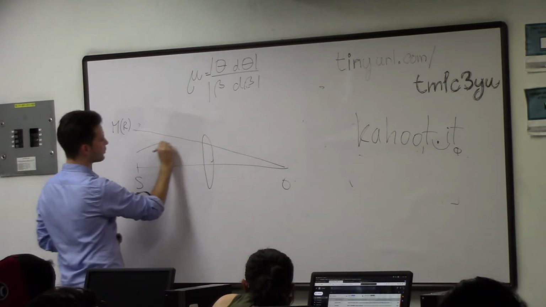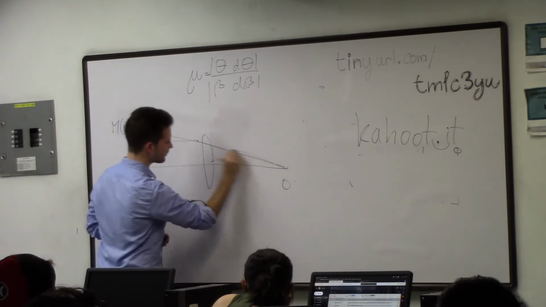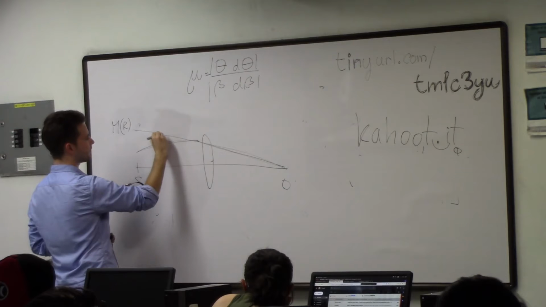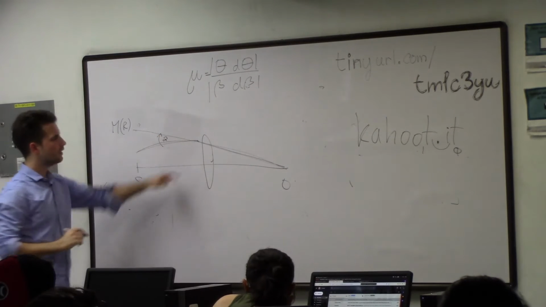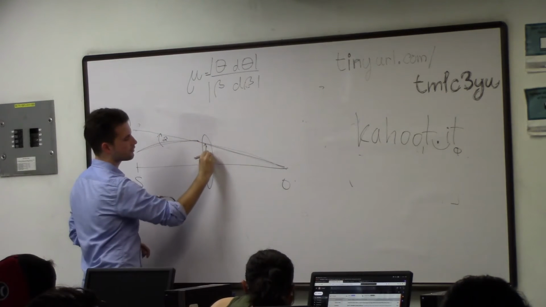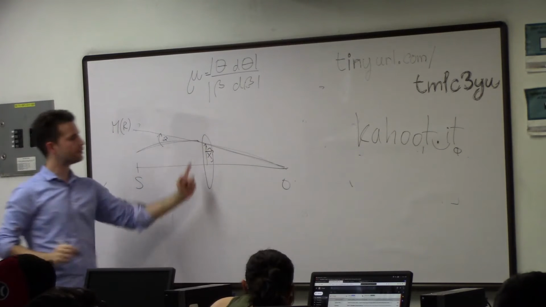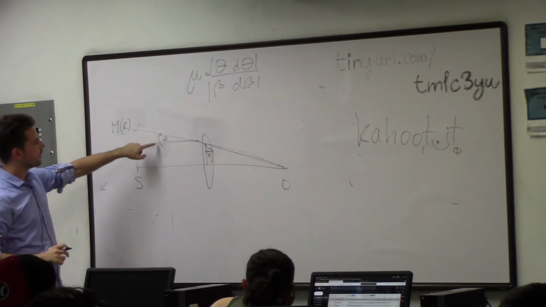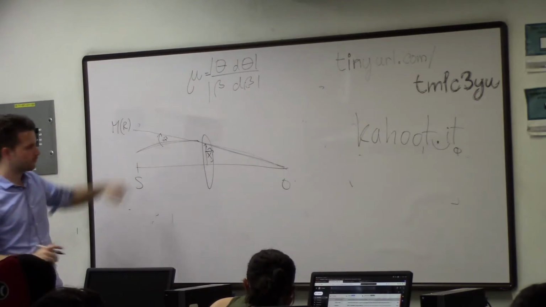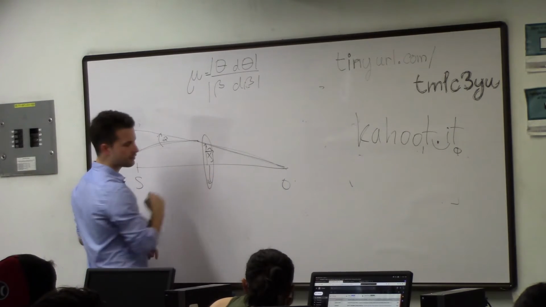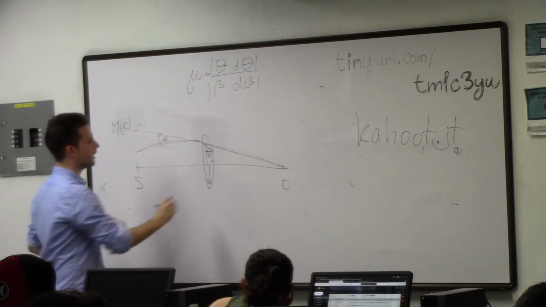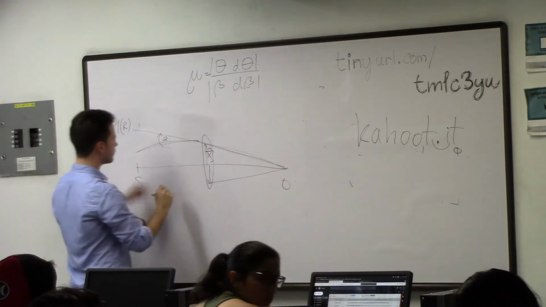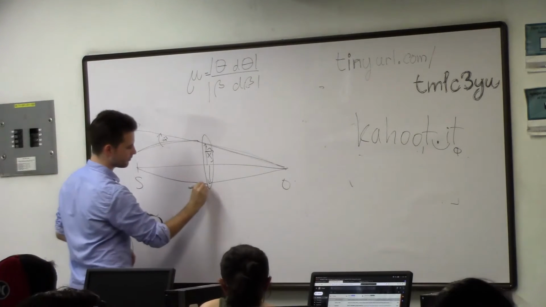Here is the actual path that the ray takes. Here is your deflection angle. So if your x vector is pointing upwards, your alpha is also going to be up. If you reverse this, then your alpha is pointing downwards.